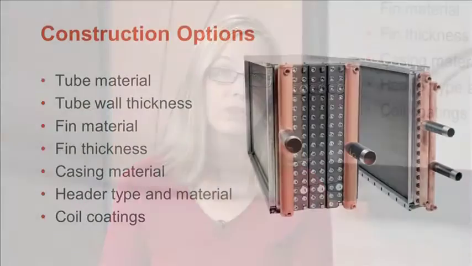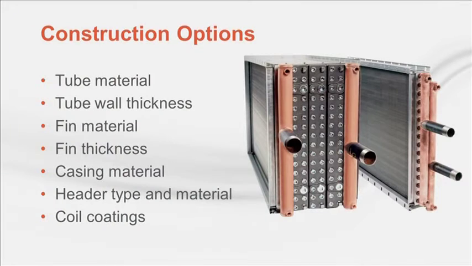In addition, some of the options for construction of the coil include the materials used to make the tubes and the thickness of the tube walls, materials used to make the fins and their thickness, casing material and its thickness, the types of headers used and their material of construction, and coil surface coatings.